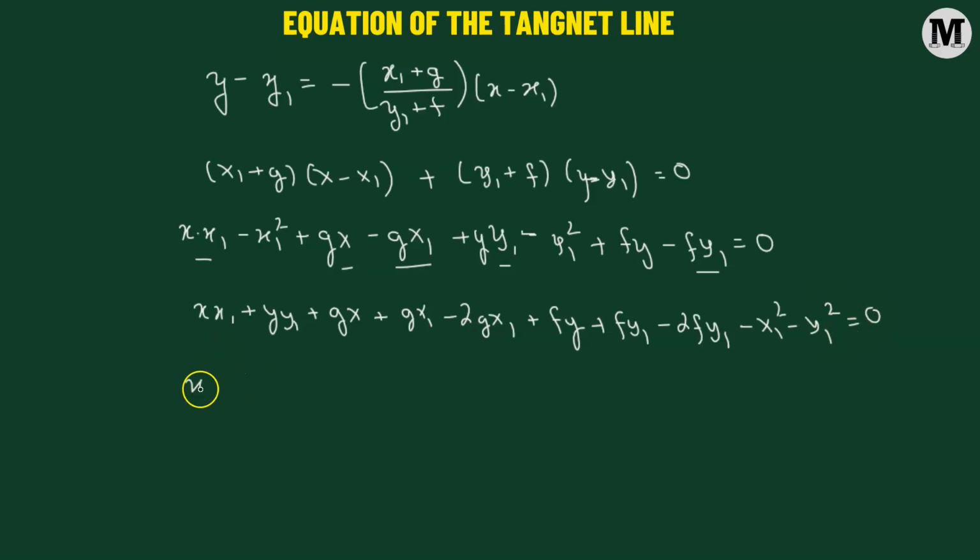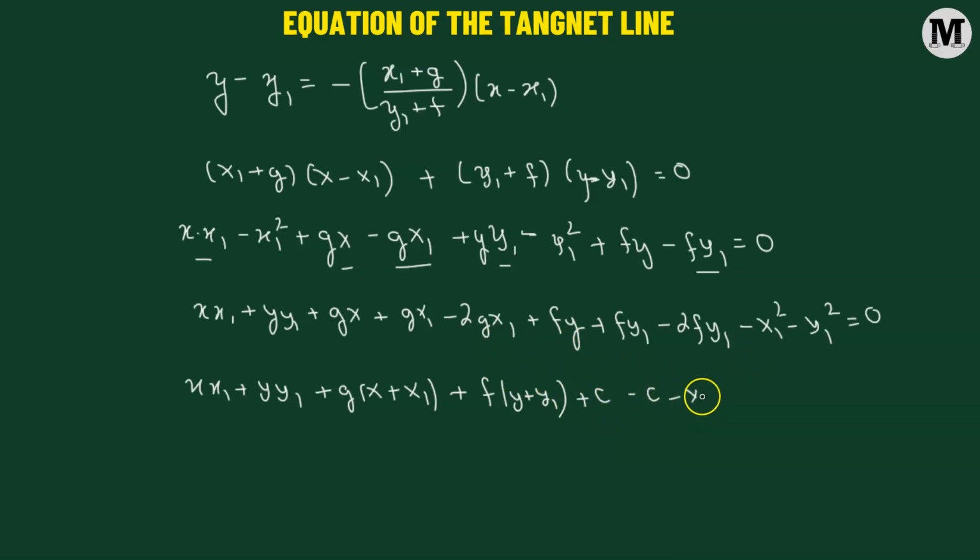So here we get x times x1 plus y times y1 plus g times x plus x1 plus f times y plus y1. And then let's add positive c and subtract c from it. The reason why we are doing these extra terms is that we can combine all the leftover terms.